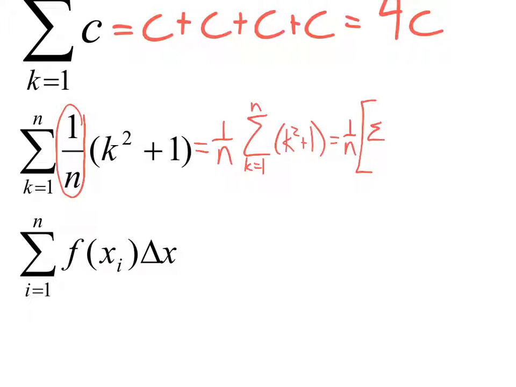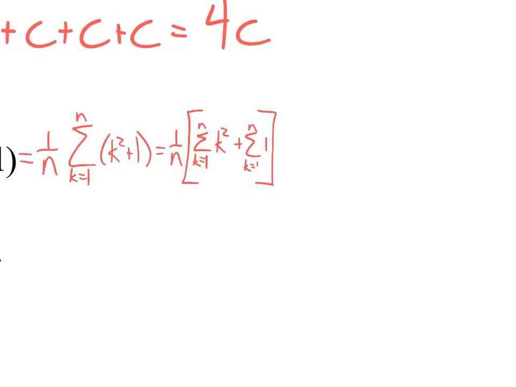I have the sum from k equals 1 to n of k squared plus the sum from k equals 1 to n of 1. Okay? So that's just a plus n on the end. So I have 1 over n times, and that's going to be a plus n at the end.